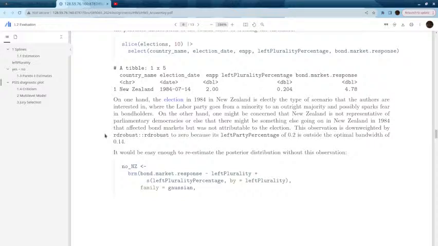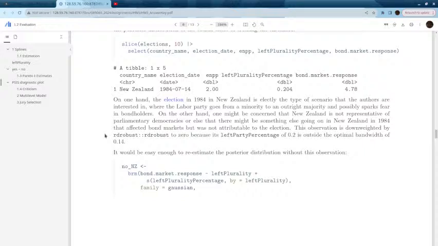However, the Labour Party won like a big majority, and so this one observation actually gets thrown out by the RD robust estimator in the paper, which uses this bandwidth thing to decide how far in both directions the estimator should include observations for estimating the slopes.